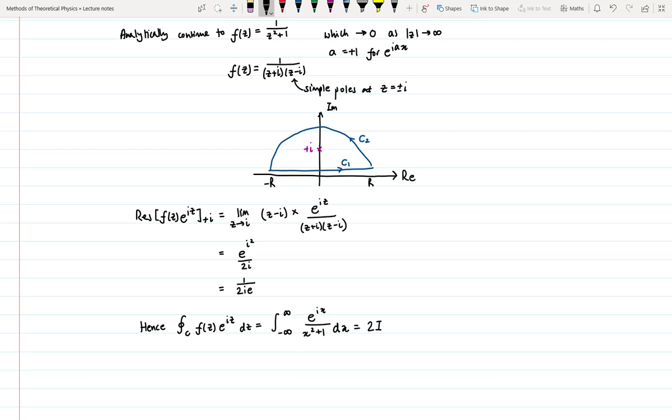This is 2 times the real integral that we want to calculate, and by the residue theorem this is 2 pi I times 1 over 2ie. And we're left with our final result that the real integral we set out to calculate is pi over 2e. That's the end of this third video of topic 8, and that's also the end of topic 8.